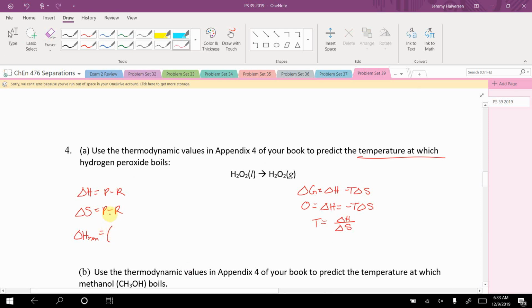So products minus reactants is going to be delta S, positive 51.7, and those units were kilojoules.